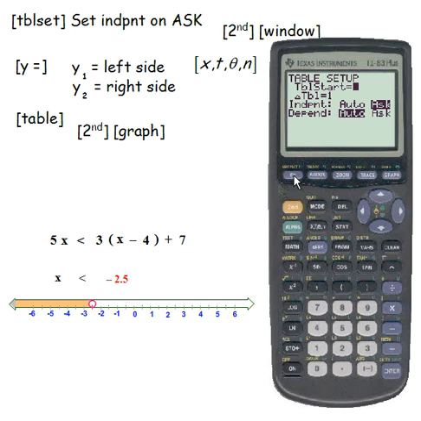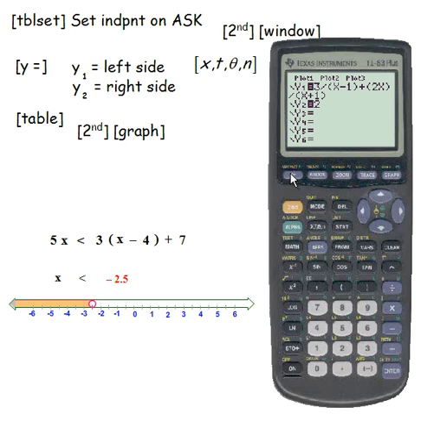All right, so then we will go to the y equal key and clear out anything that's in there. And we're going to put the left side of the inequality as y1 and the right side of the inequality as y2. And we'll put 5x. Again, the x shortcut key looks like X,T,theta,n, and it is right next to the alpha key right here.